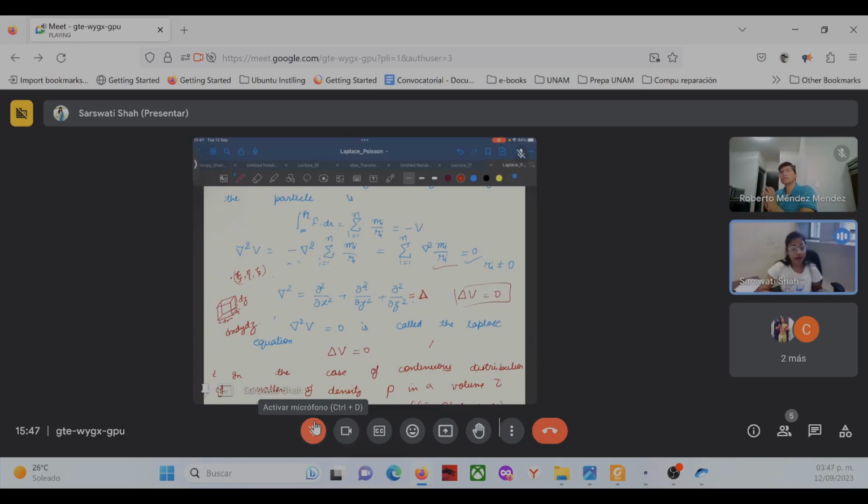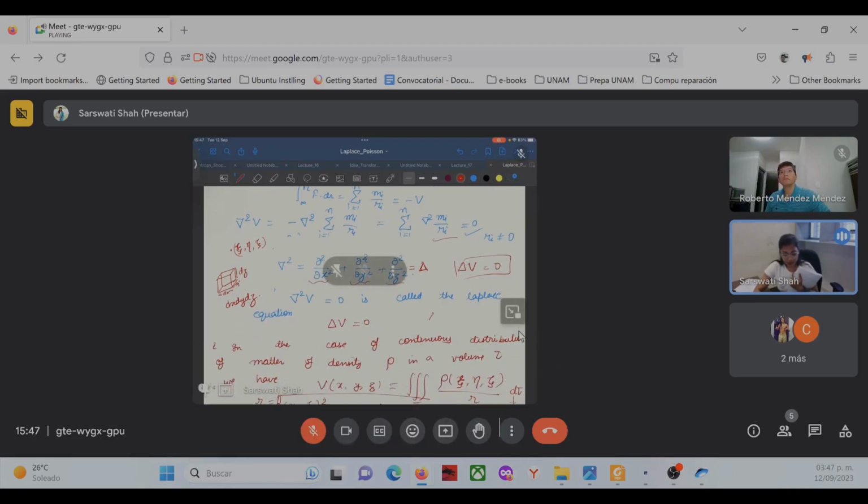So this was the Laplace equation, del squared V is 0, or we say the Laplacian of any function V is 0. Now if the solution of this Laplace equation exists for all the variables, then these derivatives are going to be continuous. It means if the solution of this Laplace equation exists, that solution is known as a harmonic function.